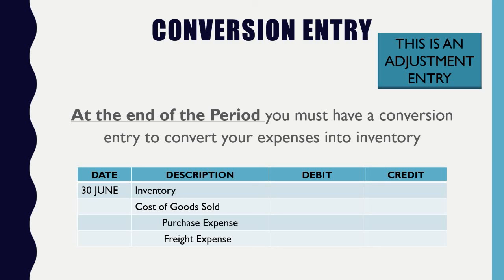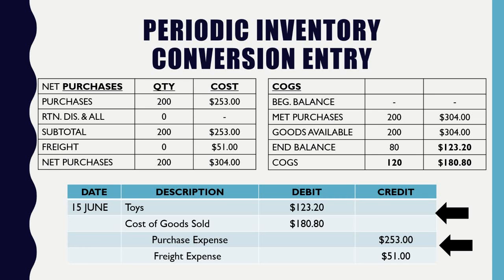So this is when we're converting our expenses into inventory. We're looking at how many items we have available in inventory, and how many we've actually sold, to equal the total amount of what we originally purchased.